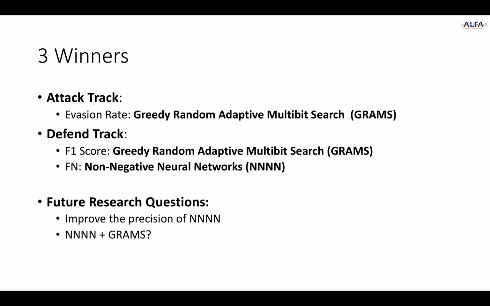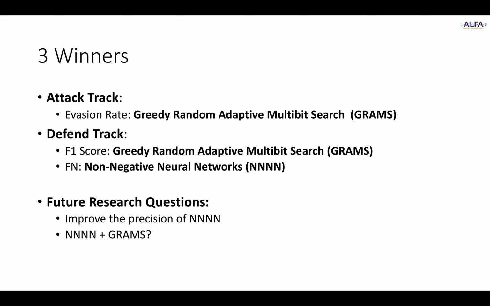And for the defense track, since we try to seek a balance between false positive and false negative, and we also try the setup where false negative is more sensitive, and we would like really to not misclassify any malware file, the Grams method seems to be doing well with regard to F1 score, and with regard to the false negative, the non-negative neural network is coming first.